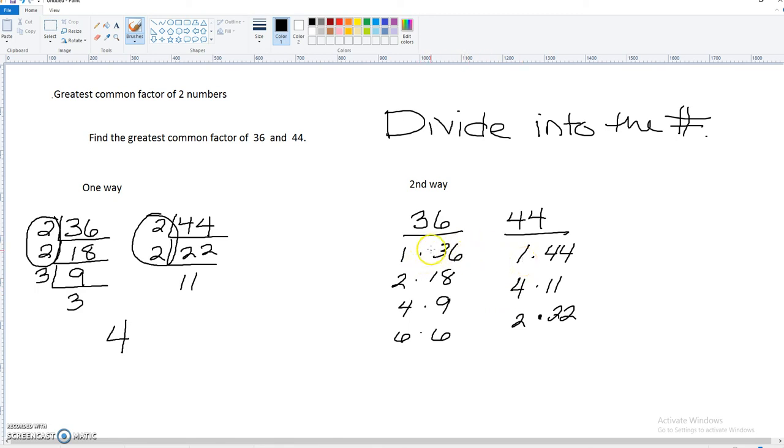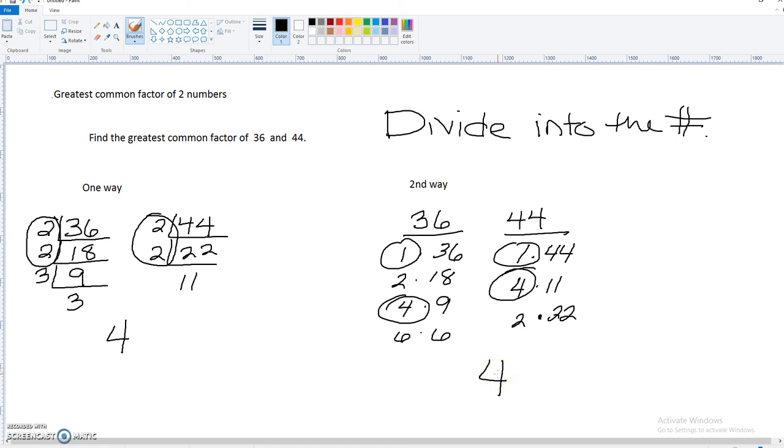If you do this method, all you have to do is look for the biggest number that they have in common. While they both have a 1, 1 is not the biggest number that they have in common. If you look here, the biggest number that they both have, again, is 4.